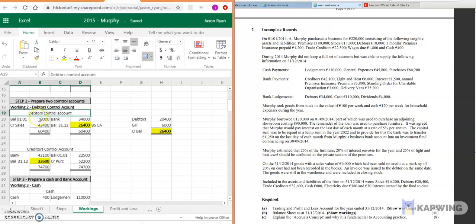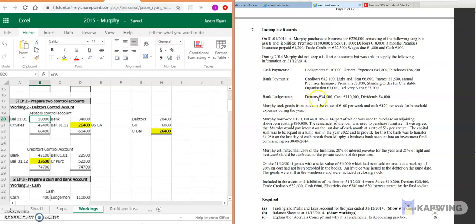So in our debtors control account, on the first of the month, we know that debtors is an asset, so we'll go on the debit side. So we've got 18,000. That 18,000 is taken from the start of the question. Then we look down through the question and see we've got debtors here of 34. So someone gave us money, so we lodge that money into our account.